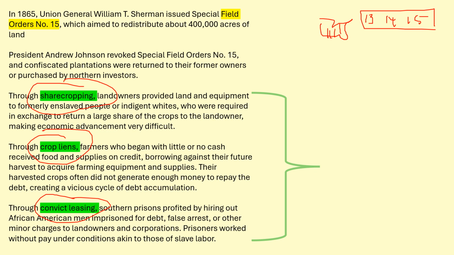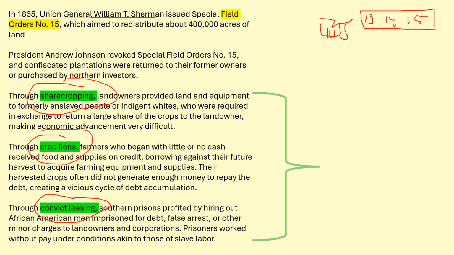A couple classes ago, we also addressed what to do with the slaves when you're going to let 4 million people free without education, without resources. How are those individuals going to be able to provide for their needs? And here we see a solution from William Sherman issuing Field Order number 15, which is a required source that you're going to have to analyze.